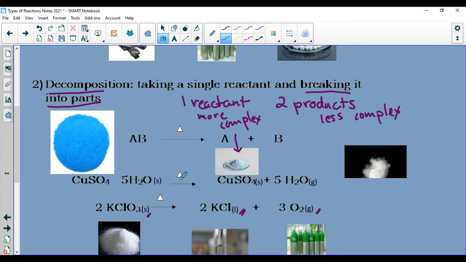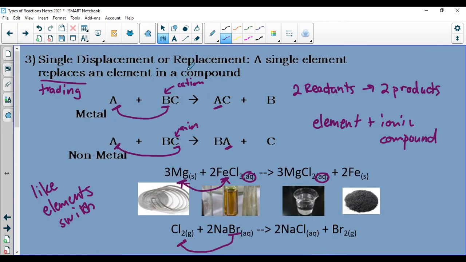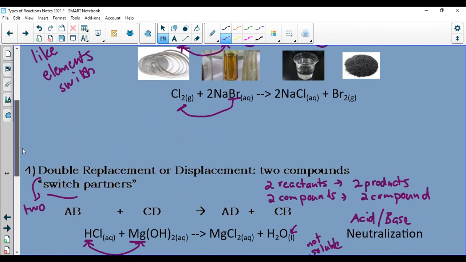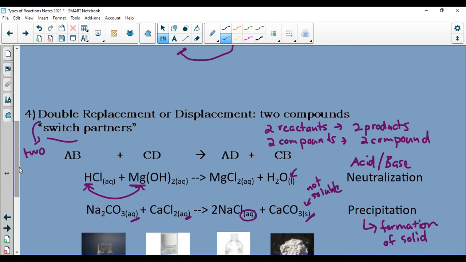Notice that adding of energy. In a different pattern, we have our displacement reactions that involve trading or switching. I can have a single element trade places within a compound, or I can have two compounds trade partners. Both of those have two reactants and two products.